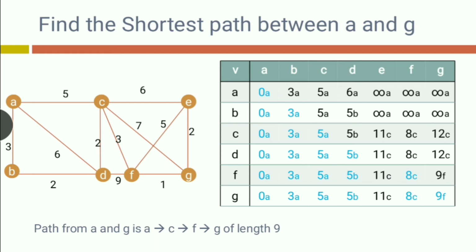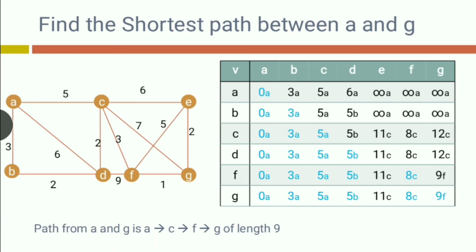If you want to know the shortest path between F and A, you'll use backtracking again from F to C, then C to A. So it will be A to C to F, of length 8.